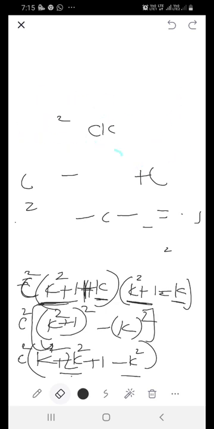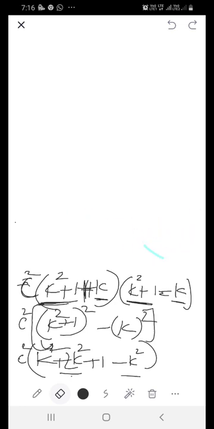Now I'm going to show how to start up with the 23rd question. In the 23rd question, again it is given that A, B, C, D are in continued proportion. If they are in continued proportion, how will you write?